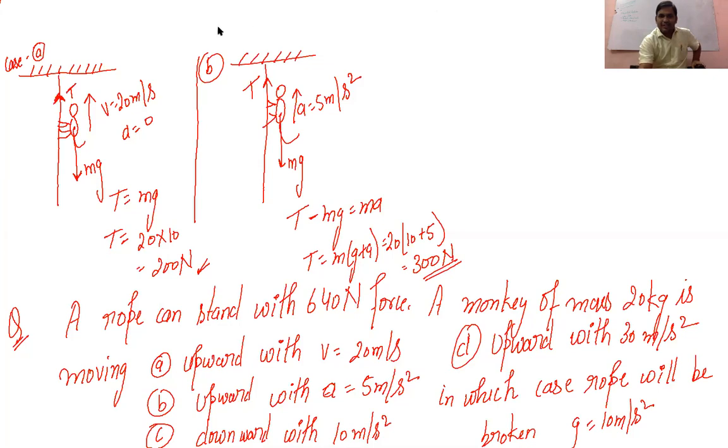Let's come to the third case, bacche. So in case of the third, once again this monkey is moving downward. You can see this monkey is moving downward with acceleration 10 meter per second square. So let's draw it.